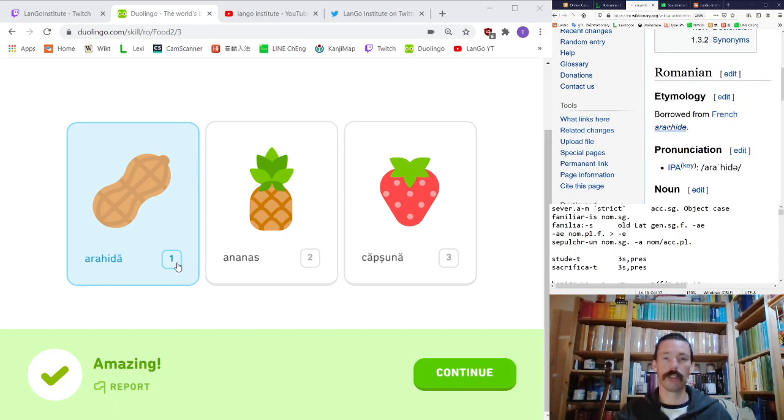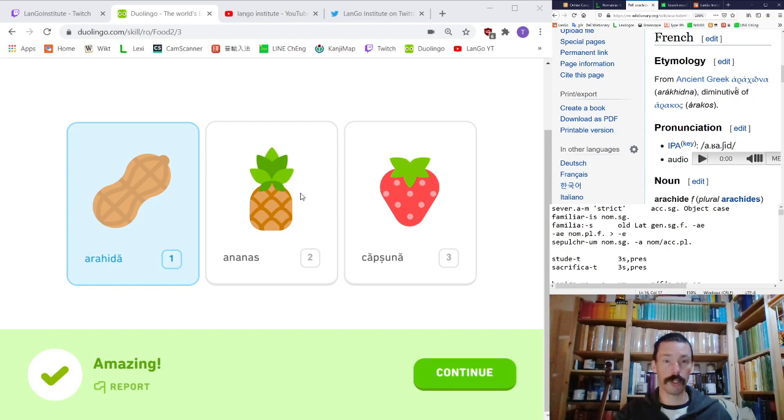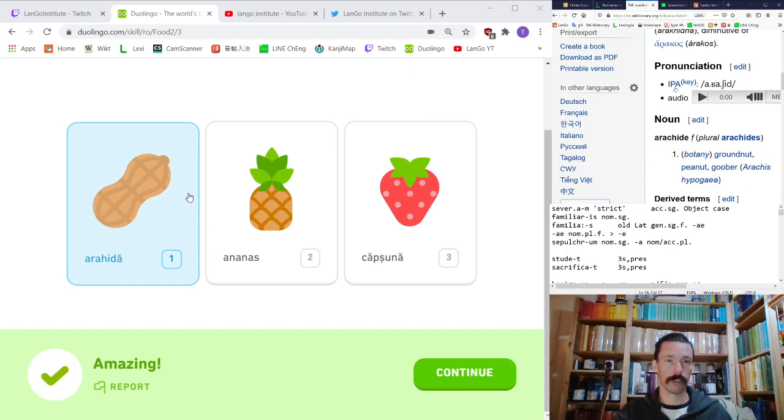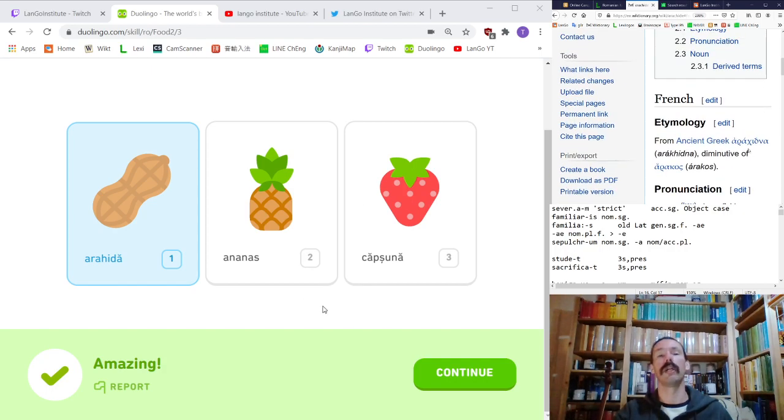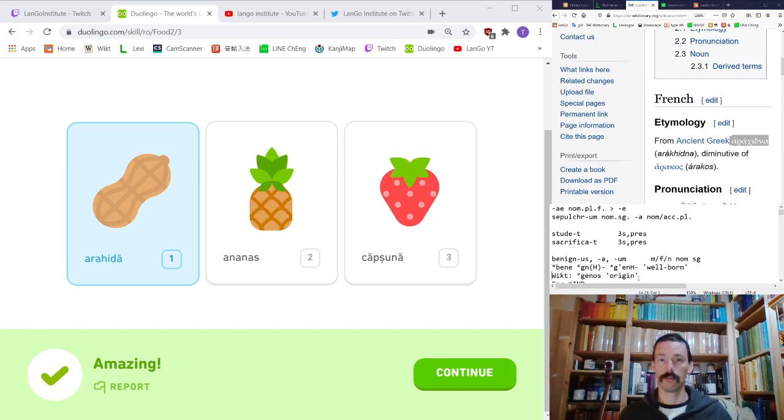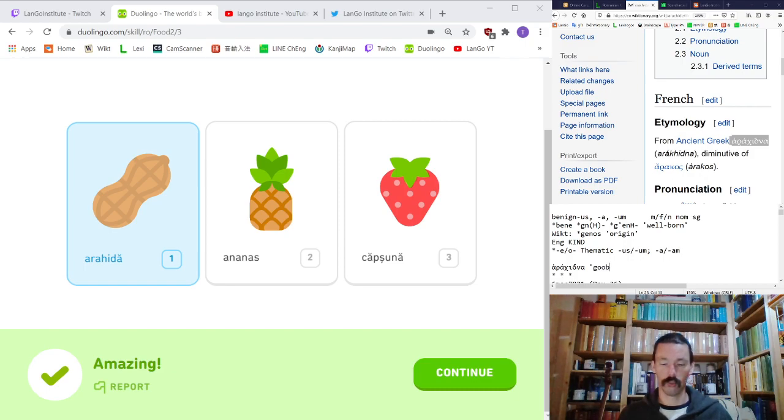French arachide. Oh, not aware of this. From ancient Greek, arachidna. Arakos. Oh, that's interesting. Which is groundnut, peanut, goober. Arachidna. Beautiful. Round nut.